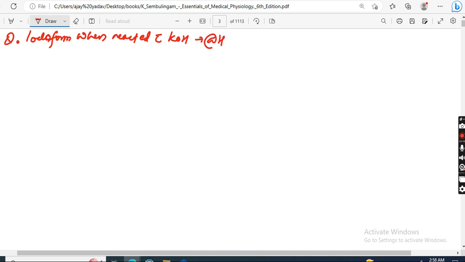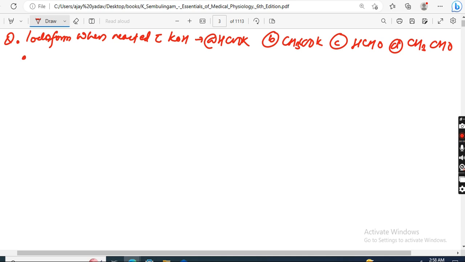Option A is HCOOK, B is CH3COOK, C is HCHO, or D is CH3CHO. You must remember, when we react this with KOH, this gives HCOOK, potassium formate.